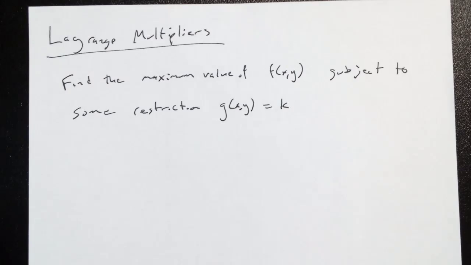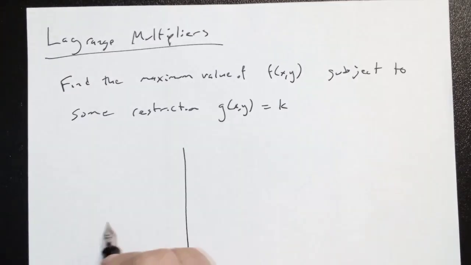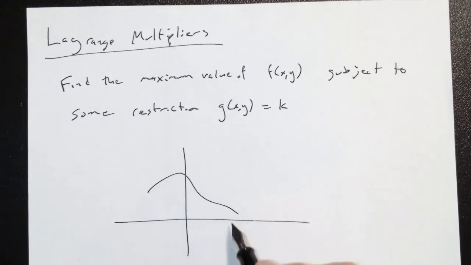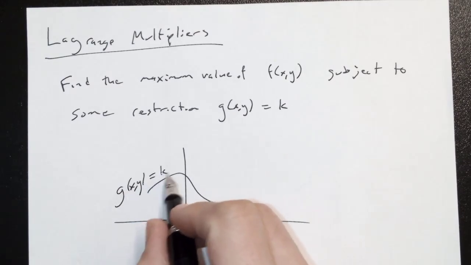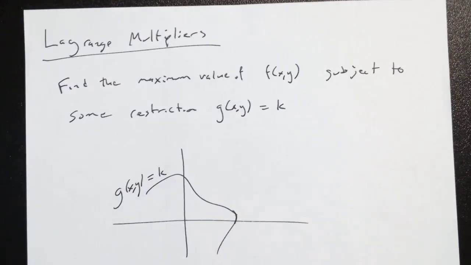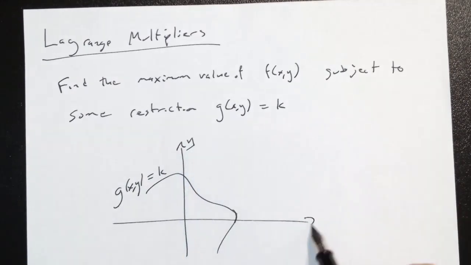I don't know what this equation g of xy looks like, but let's suppose for the moment in the xy plane, it looks like this. Some function g of xy equals some particular number. I've literally just made up a squiggle here.